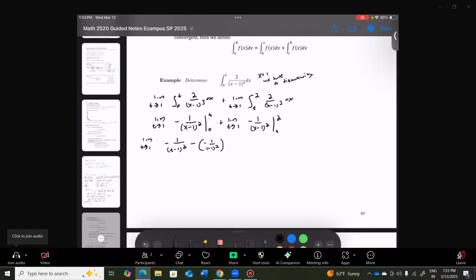Alright, and plus negative 1 over 2 minus 1, which is 1 squared, minus negative 1 over (t minus 1) squared.